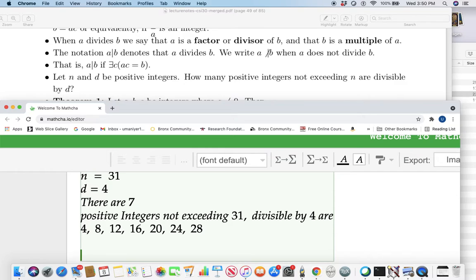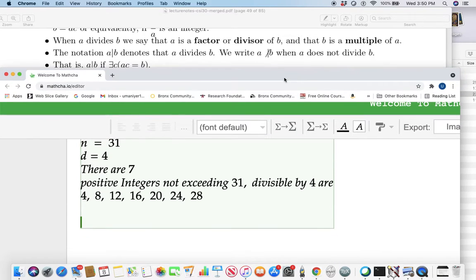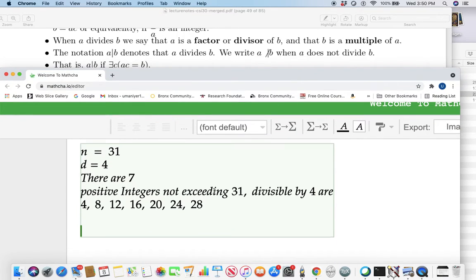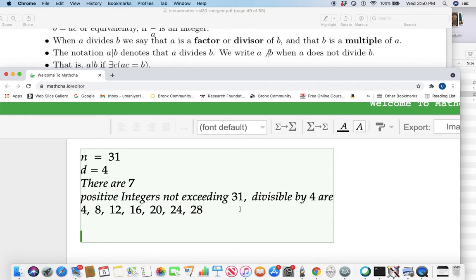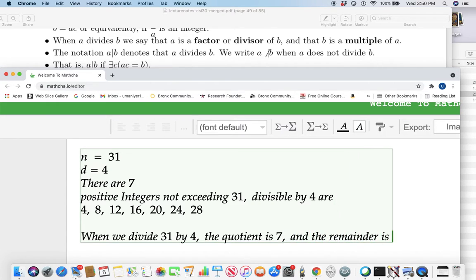Is there an easier way of seeing this? Yes, indeed. Why not divide 31 by 4? When we divide 31 by 4, the quotient is 7 and the remainder is 3. You see, 4 times 7 is 28 and then 3 left over.